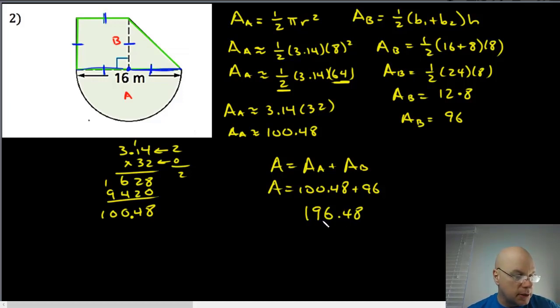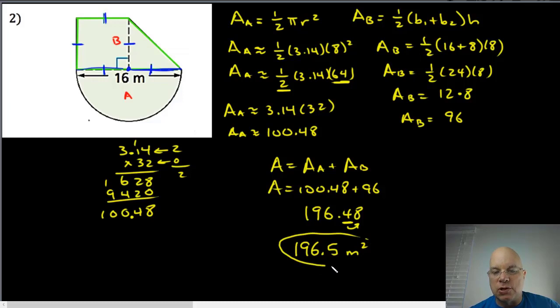It did not, so I'm just going to leave it as, oh no, it does say round to the nearest tenth, so I have a 4 in the tenths place. The digit to the right in the hundredths place is 5 or more, so I'm going to round that 4 up to a 5, so 196 and 5 tenths. Our units are given in meters, so since it's area, it's meters squared. Area is 2-dimensional. The amount of 2-dimensional space being taken up by the shape.